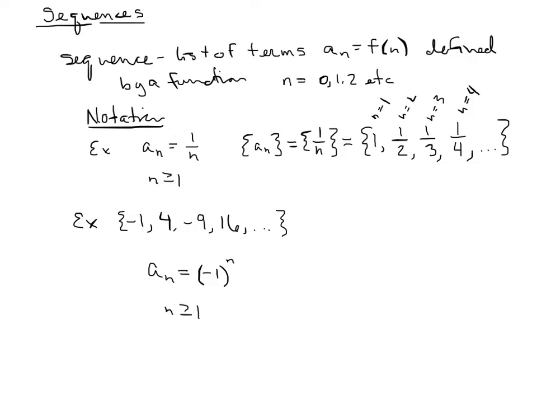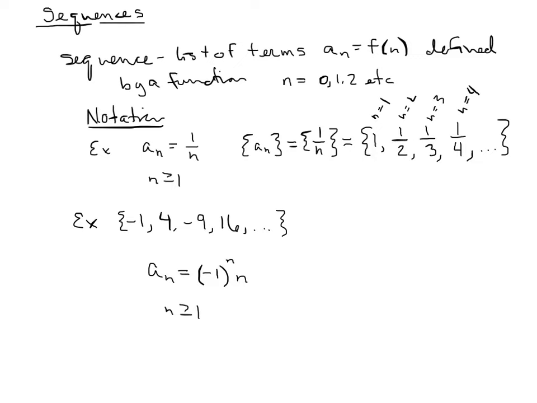Now we've got to look at the numbers. It starts at 1. 1 would be the same as 1, so maybe it's n. But that wouldn't work at n equals 2 because that's different. If you look at the pattern, you can notice that 1 would be 1 squared, 4 would be 2 squared, 9 would be 3 squared, 16 would be 4 squared.